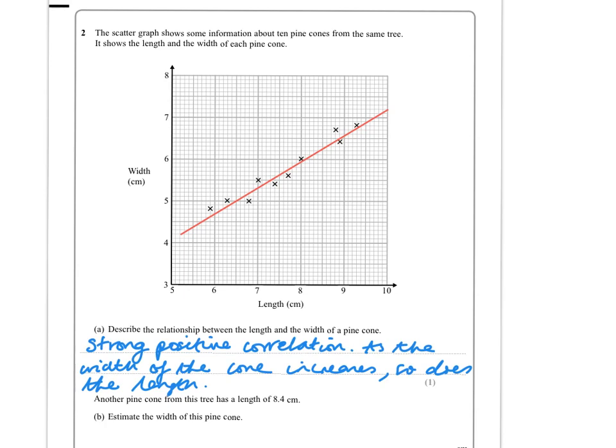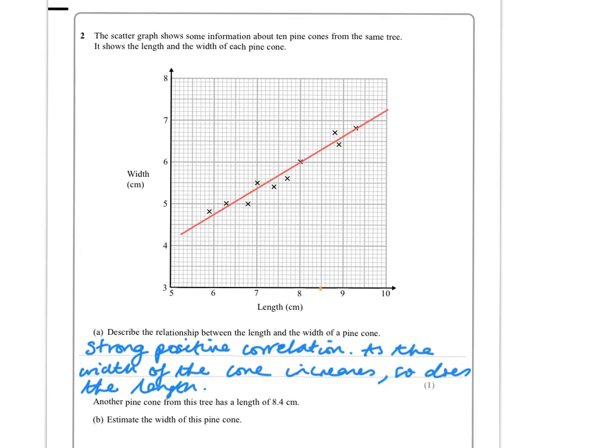So it says another pine cone from this tree has a length of 8.4 centimetres. So first of all, get your 8.4 ready. So you know this is 8.5 here. So 8.4 is going to be here. So what I would do is, with a ruler, I would draw a dotted line up to your line of best fit, and then read carefully along.